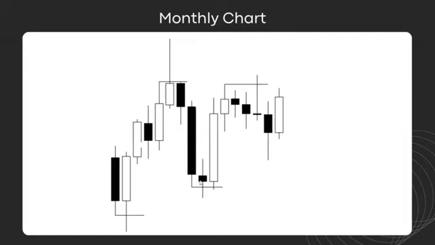So this monthly candle was a ranging candle. It closed inside, which shows bullish signs, right? And it also formed a wick, which enhances the bullish scenario even more because a wick represents lack of momentum, lack of energy. In this case, it's representing bullish signs because we've closed inside and we formed a wick, right?